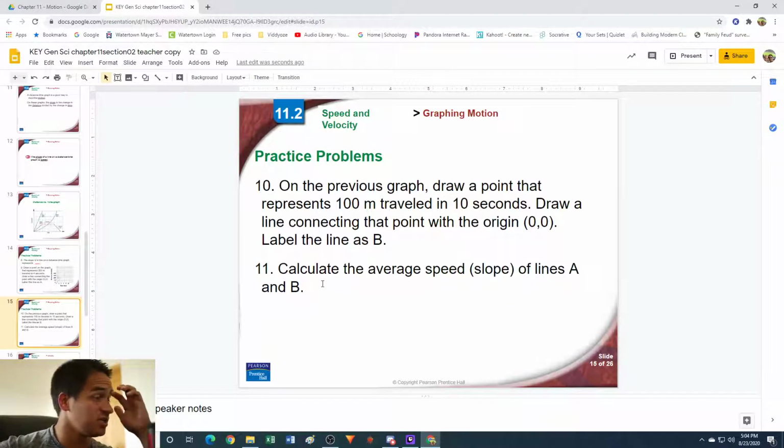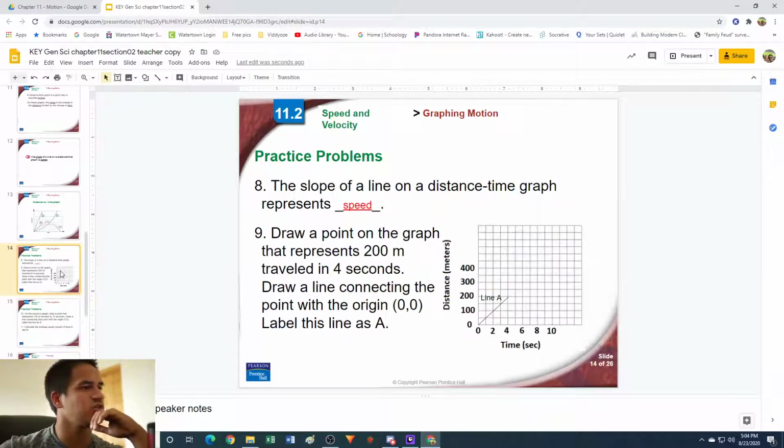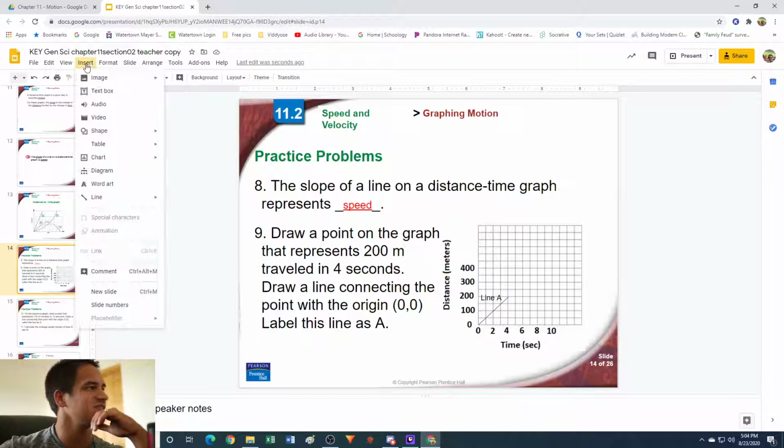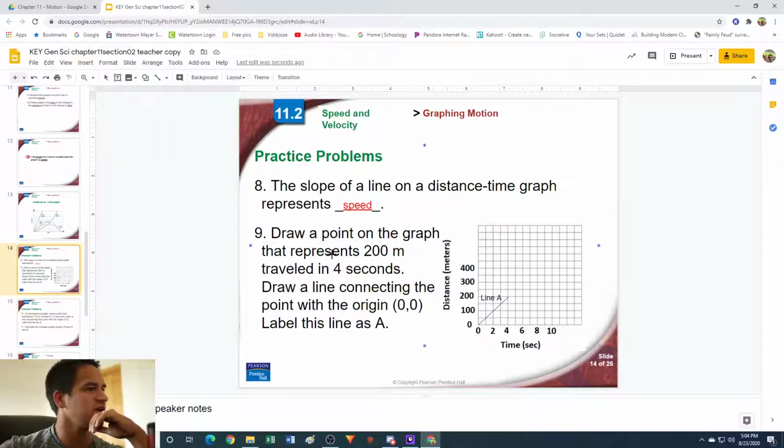So it says number 10, on the previous graph, draw a point that represents 100 meters traveled in 10 seconds. Draw a line connecting that point with the origin and label it as line B. Okay, so 100 meters in 10 seconds. So let's again go to insert line. So 100 meters, 10 seconds is here. 100 meters is right there.